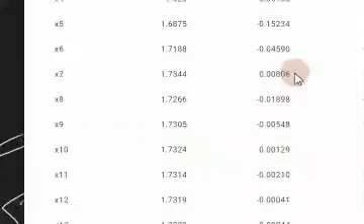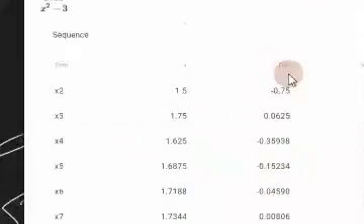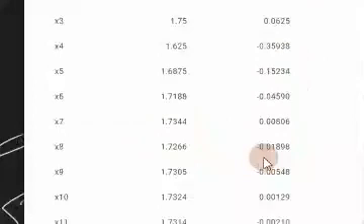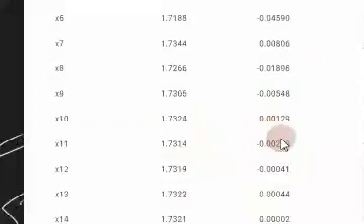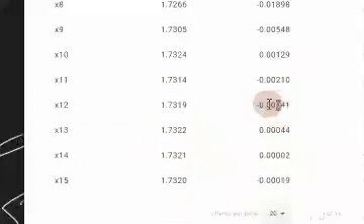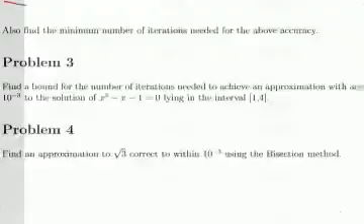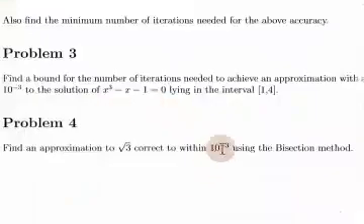This column represents the function value at these midpoints, right? This is good for 10 to the minus 2 accuracy. This is good for 10 to the minus 3 accuracy. We need 10 to the minus 3 accuracy.